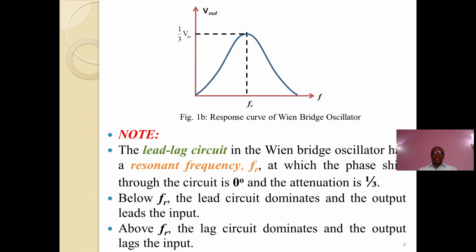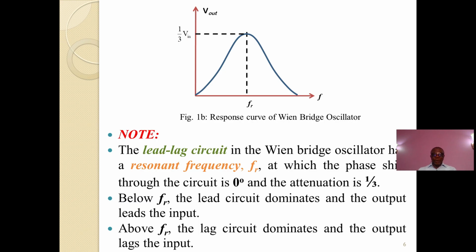So we've seen that the point where the net phase shift is equal to 0 is at the peak. At that point we have Fr, and on the V side we have it to be 1/3 Va. At that point of reflection, the net phase shift is equal to 0 degrees.